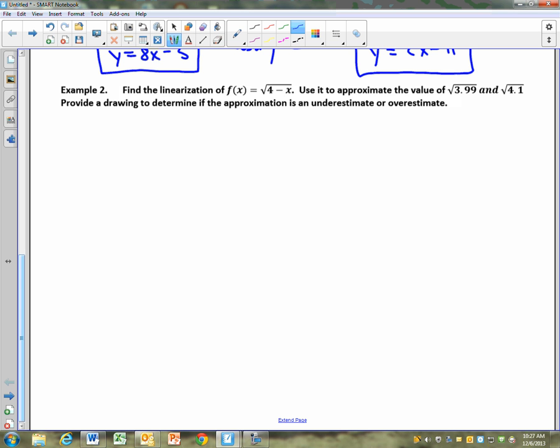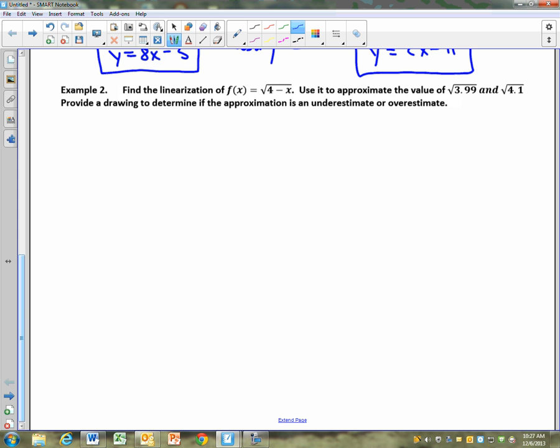So, you tell me, okay, this is where you got to think a little bit. This is 4 minus x, okay? And this is 3.99 and 4.1. These are very close to a value of what? They're both very close to 4. So what would you plug in for x to give you 4? 0.